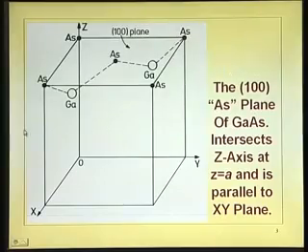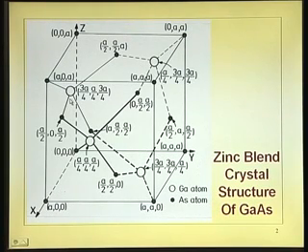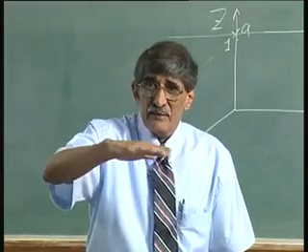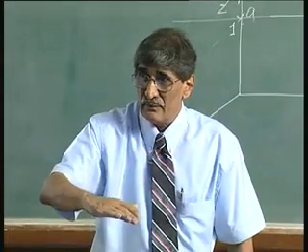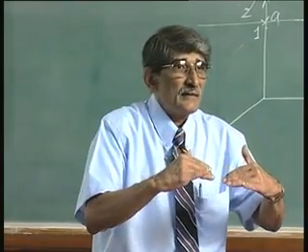And if I take here for example, that is a by 4 down, this is center, that is a by 2 from top. So, the distance between the planes there in 1 0 0 family is a by 2, a by 4, a by 4, a by 4.